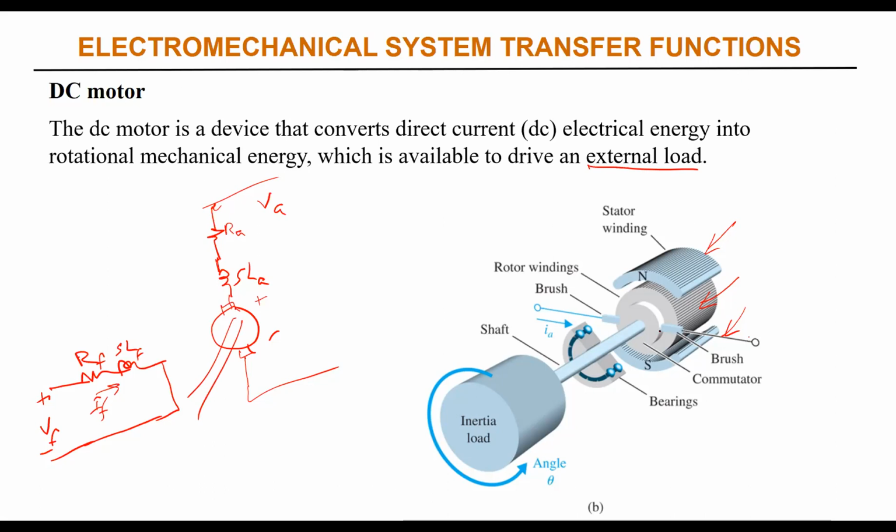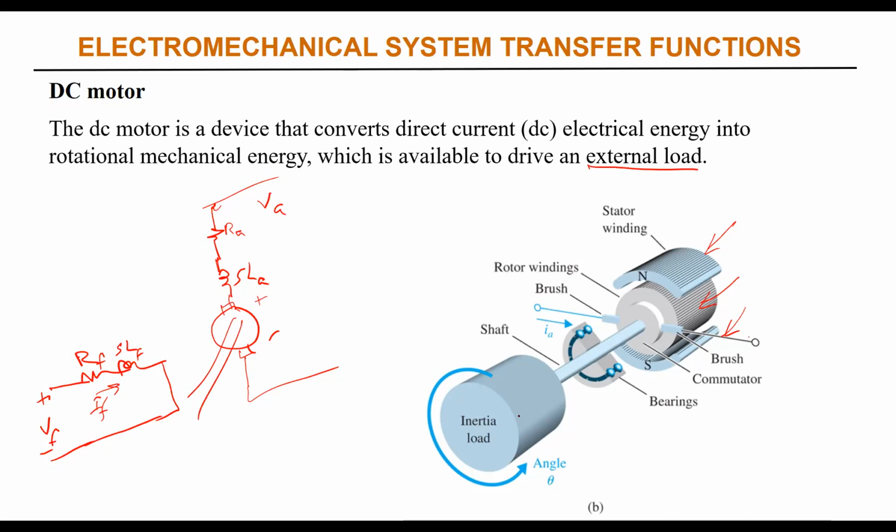Whatever that will be, I will take this one through the shaft and connect it to a load. So what will my output be? What is the output? Voltage? It will be a torque, doctor. Torque? Yes, torque. But you know what?